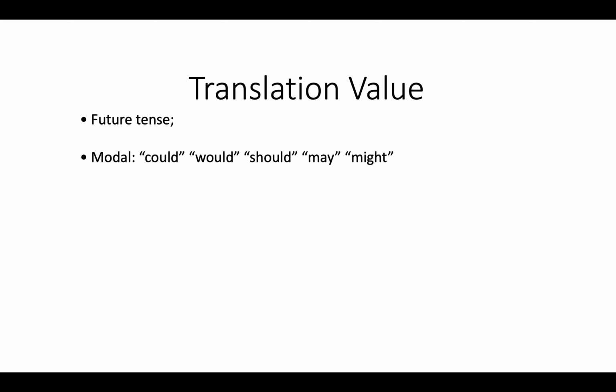So instead of he will hear, it could also be translated he could hear, he would hear, he should hear, he may hear, he might hear. So all of these are translation possibilities.